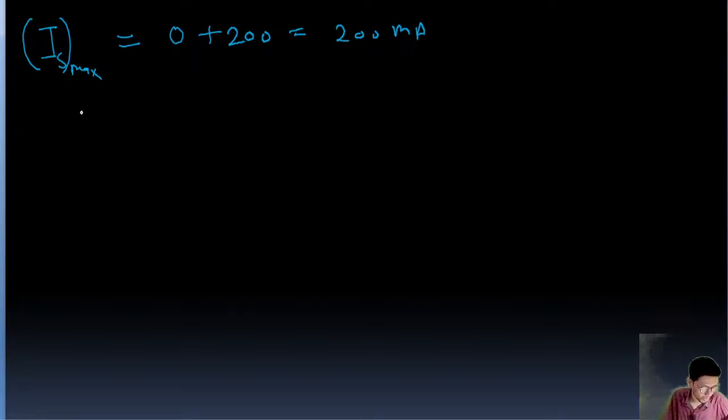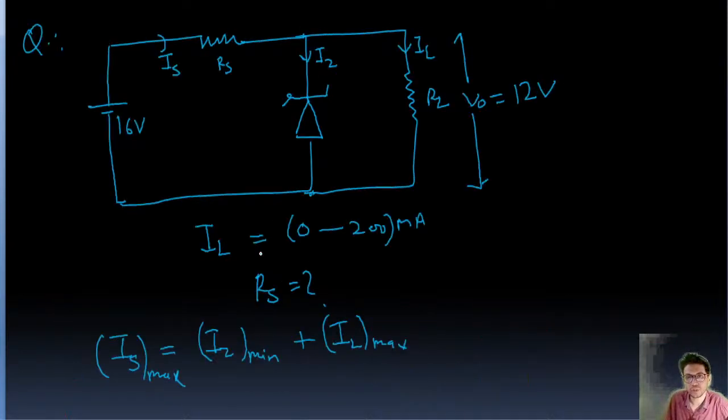Since IZ minimum is 0, that's why IL is max, that is 200, and so IS max is 200 milliampere.